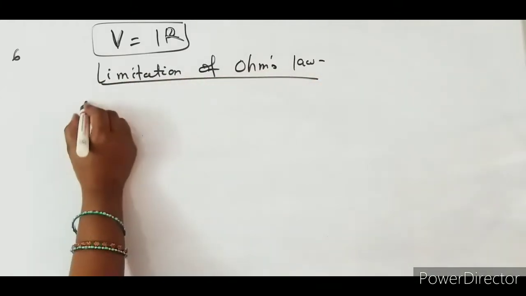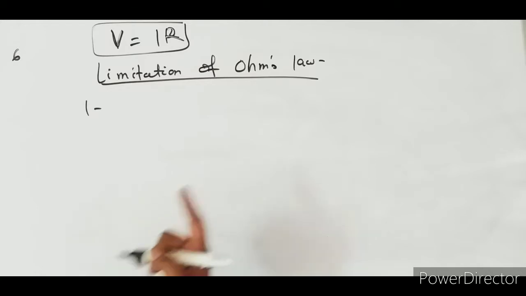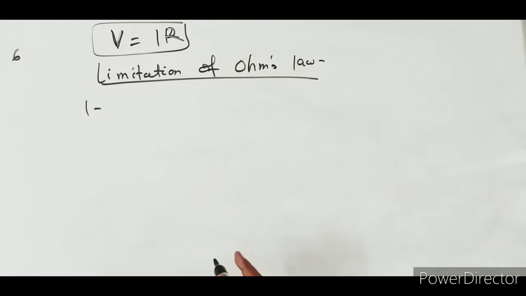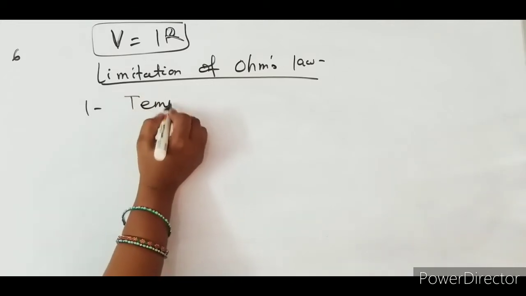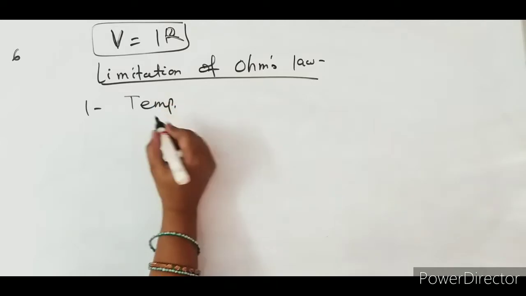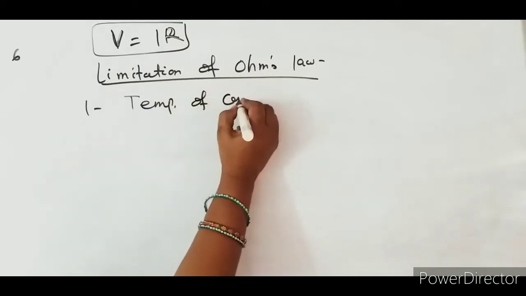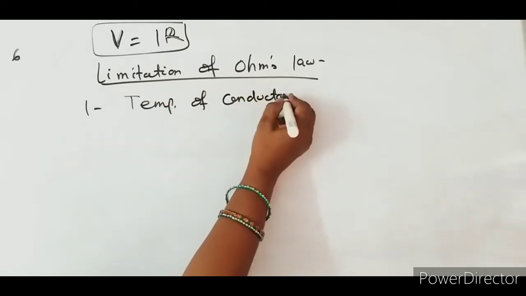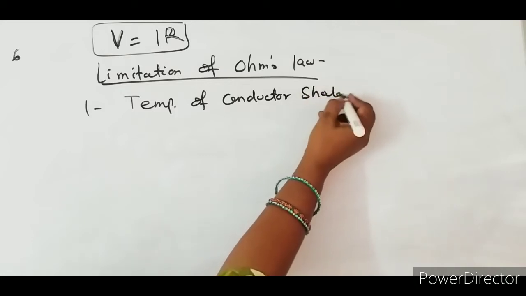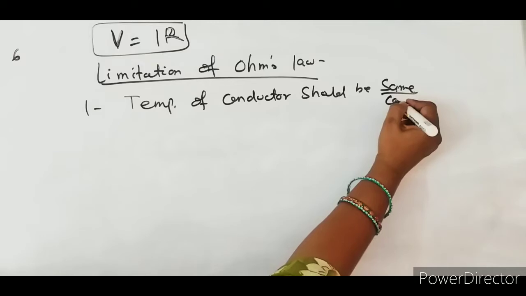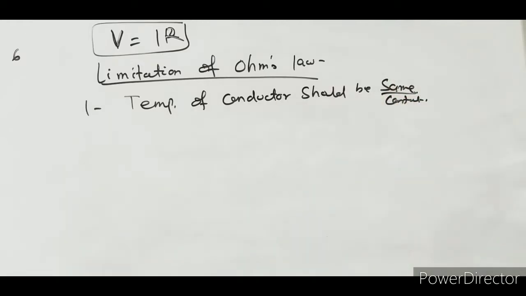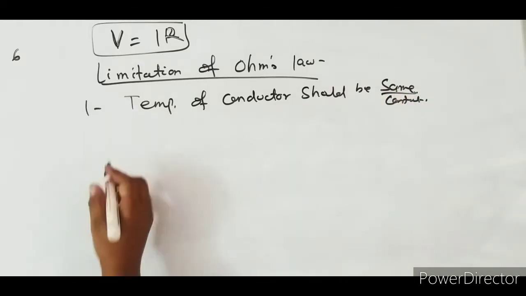What are the limitations of Ohm's law? First of all, it is said in the law itself that temperature has to be constant. So the temperature of the conductor should be the same, or constant.